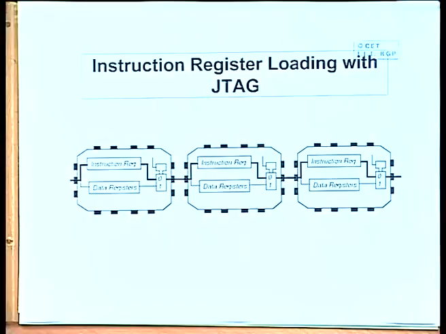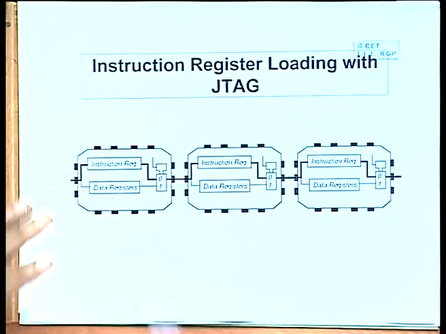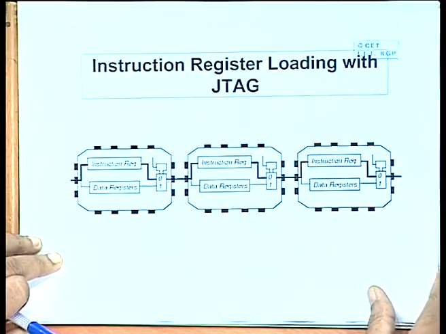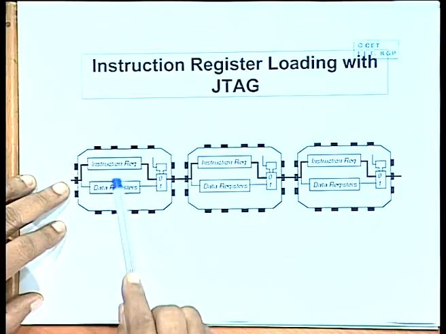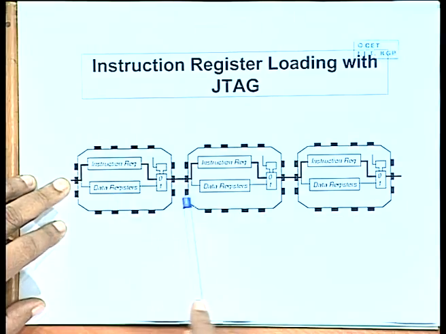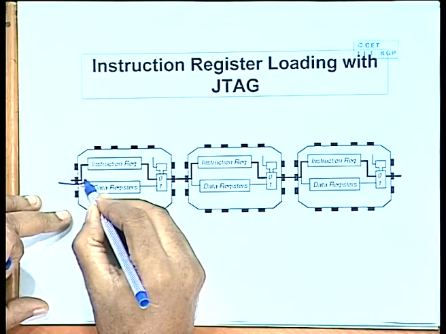Now, as I said, you can have several such chips connected in cascade. Say this diagram shows 3 such chips connected in cascade, and I am showing not all, only some of the registers, the instruction register and data register. When you are feeding the instructions, it will be following this path.